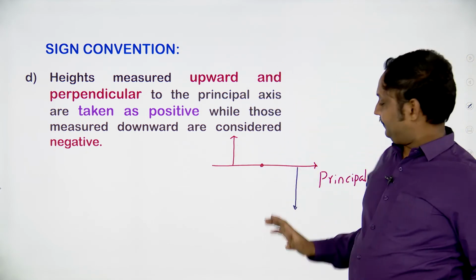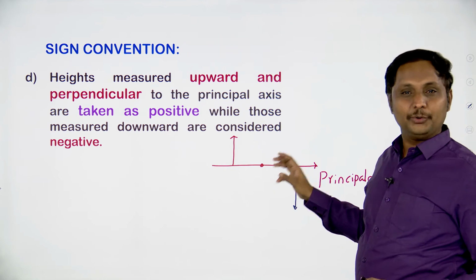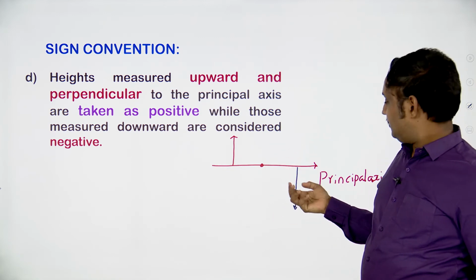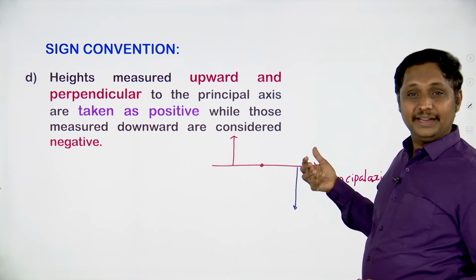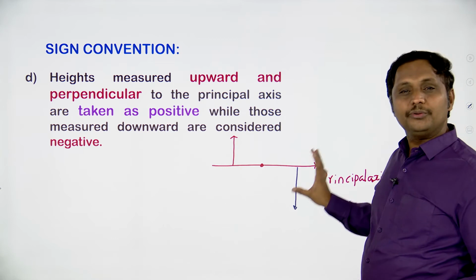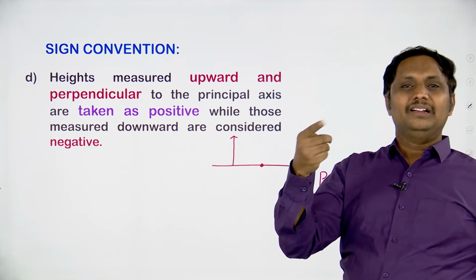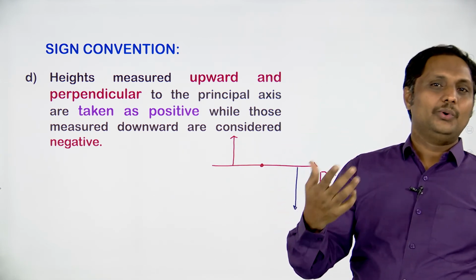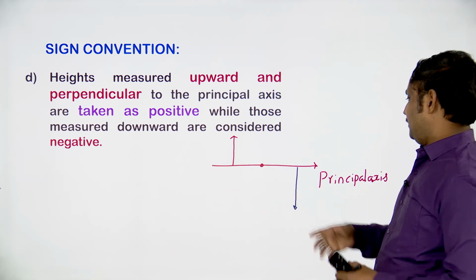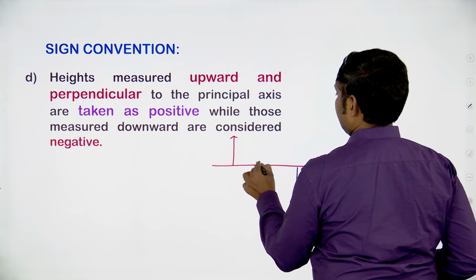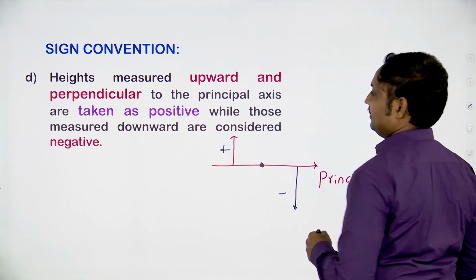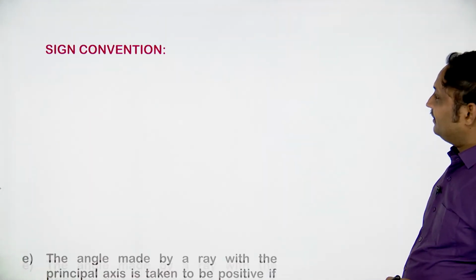Below the principal axis, related to the image generally, they are taken as negative. But based on the magnitude, sometimes it is going to be higher or lower than the original. So this is the principal axis. Above and below, we get positive and negative. It's very clear.